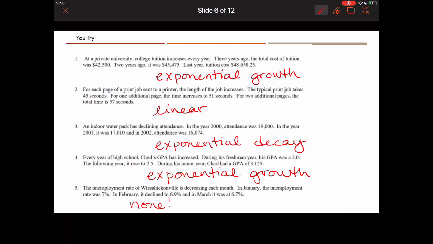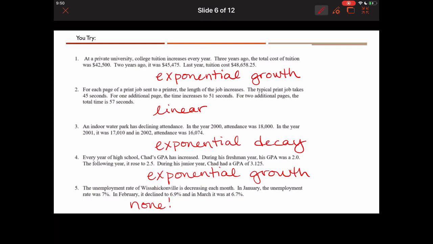And then number 5 is a weird one. It's not linear, because if we go from 7 to 6.9%, we're decreasing. We would subtract 0.1%. But then to go from 6.9 to 6.7, we would subtract 0.2%, right? So it's not linear. And it's also not exponential, because if I divide 6.9 divided by 7, I get 0.986.